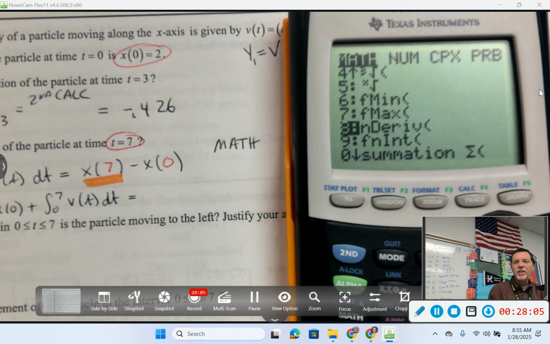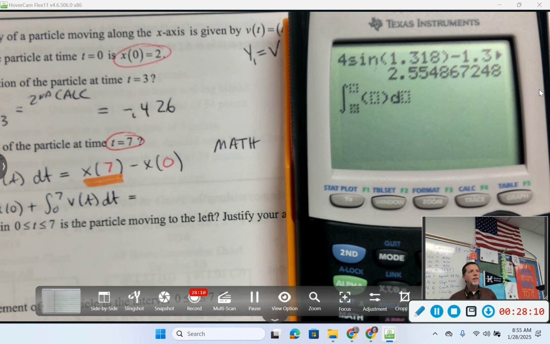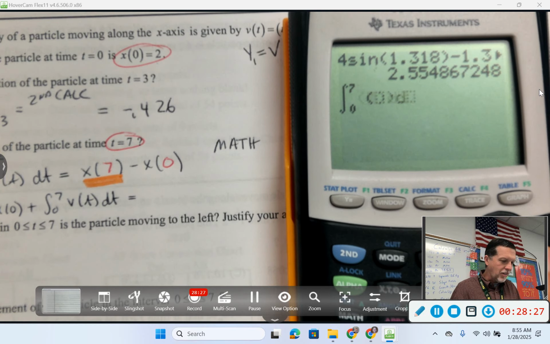Math 8 is a derivative, Math 9 is an integral. If your calculator doesn't look like that, I think they're all updated now, but the old operating system didn't look like that, and you have to know where to put commas and stuff. So, Math 9. And again, when it pops up like that, it's pretty easy, because then you just know where to put the things. 0 to 7.